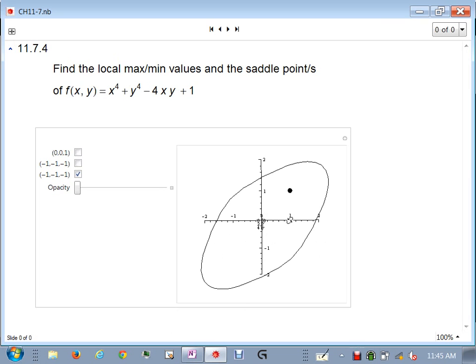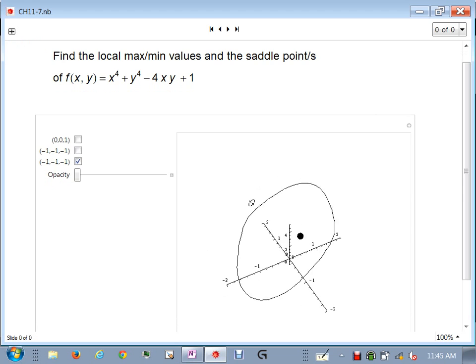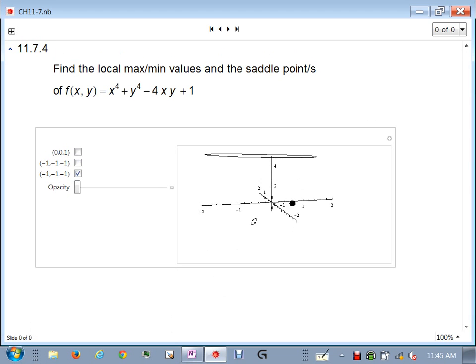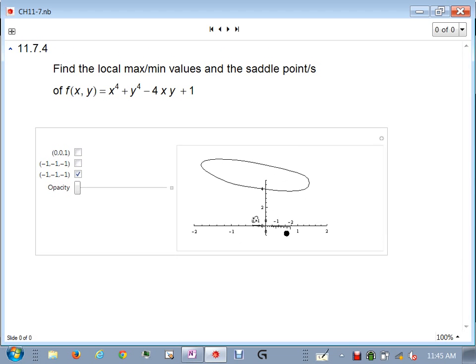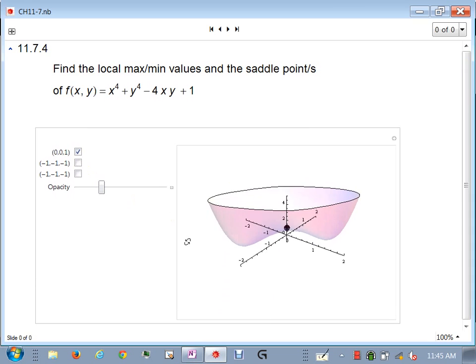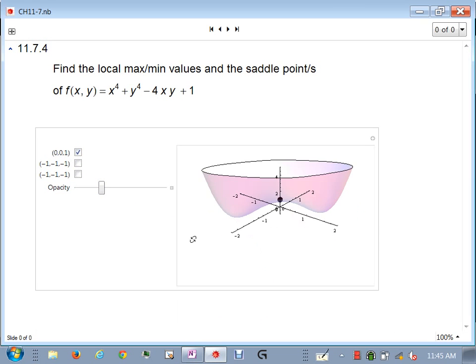If you go out x1, y1, and then you go look at the actual value of the function there, you see we're down below the xy plane, so we're down 1, negative 1. That's actually a lowest point, and it matches up to that point there. And then the same thing with the other one is on this end. And then our saddle is right there in the middle. Okay?